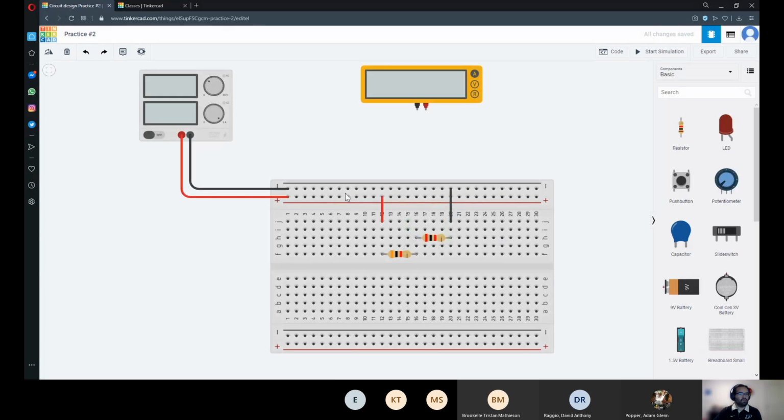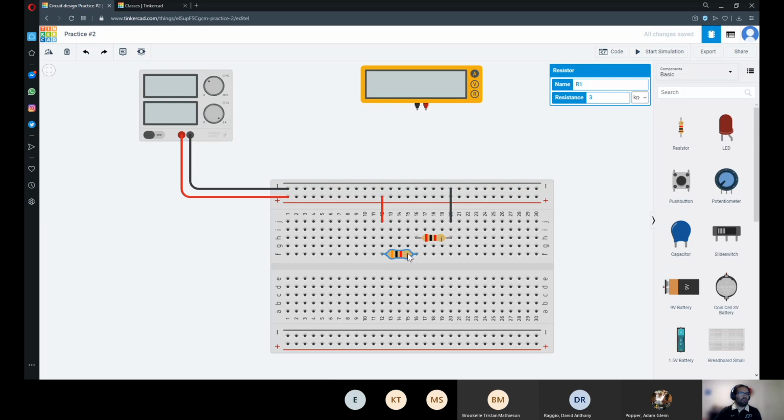So you should be able to see something similar to what I have on the screen. I have already created a few elements here. We have a power supply that is providing 10 volts with a maximum current of 5 amperes.